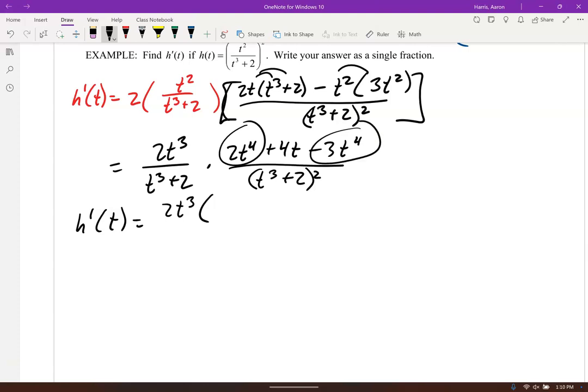I got a negative t to the fourth, so I got 4t minus the 1t to the fourth. This is all over t cubed plus 2 times t cubed plus 2 squared.